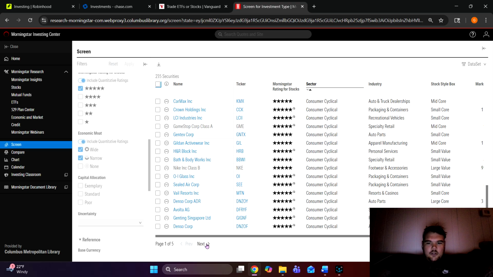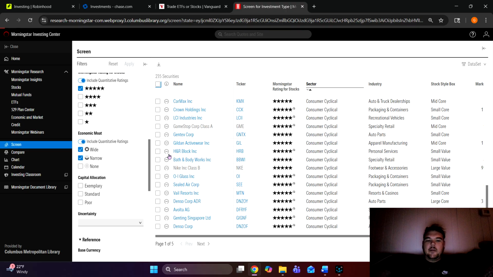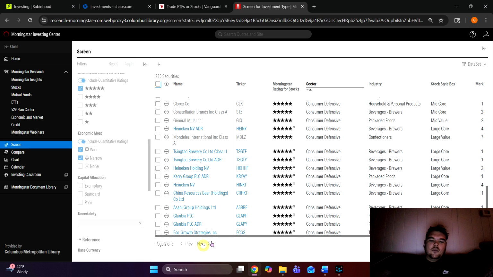So we got consumer cyclical, consumer defensive. If you don't know what this is, it's just natural to me now. I see consumer cyclical, I have companies in my mind. But if you don't know what consumer cyclical is, you can literally look it up, and it'll tell you, and like what's consumer defensive, and it will tell you about the financial sector.